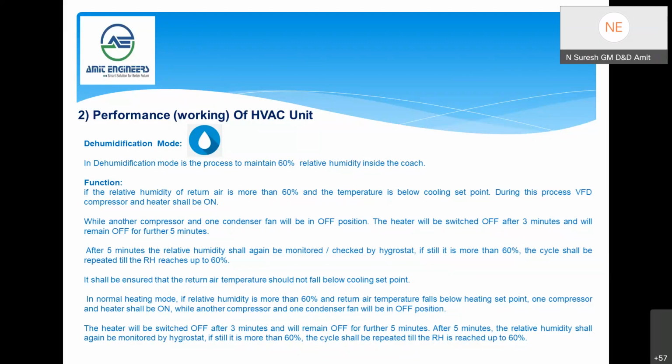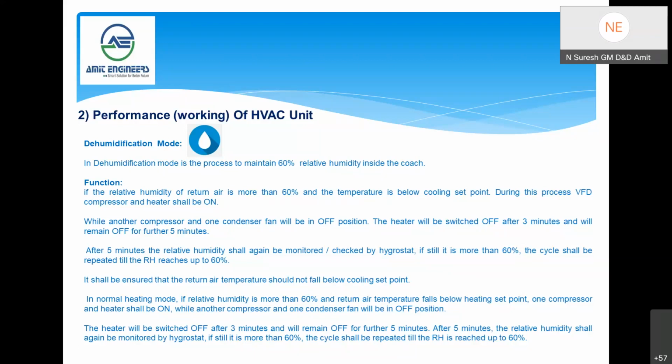So by heating the air, you are basically decreasing the relative humidity from 60%? No, sir. Relative humidity we are reducing through dehumidification. But by any chance, if the train goes to coastal areas and the relative humidity goes more than 60%, one variable frequency compressor will be on and the heaters will go on and off in sequence.